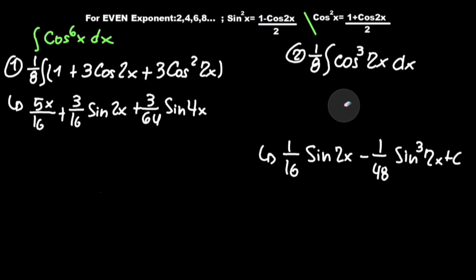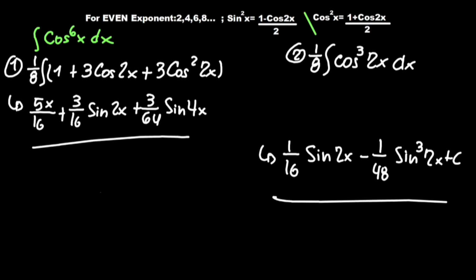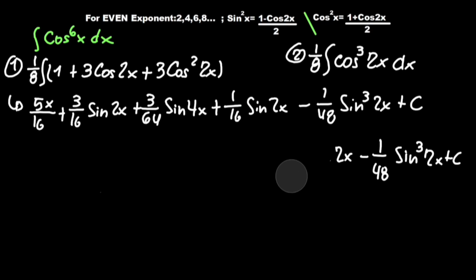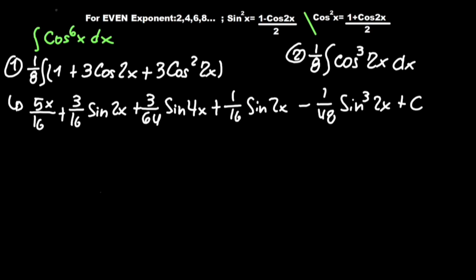What we're going to do here next is to simply add these two together. Let me just put this. And now we have a common term here, which is sine of 2x.